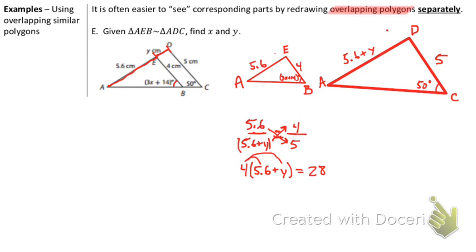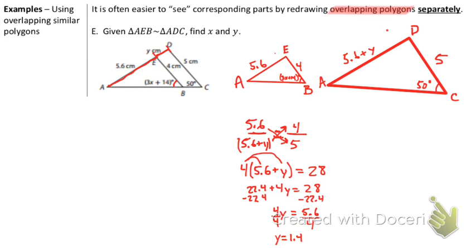So 4 times 5.6 is 22.4 plus 4 times y is 4y equal to 28. Then we're going to go ahead and solve. Hopefully you can solve this. I'll just work it out for you. Okay, so y equals 1.4.